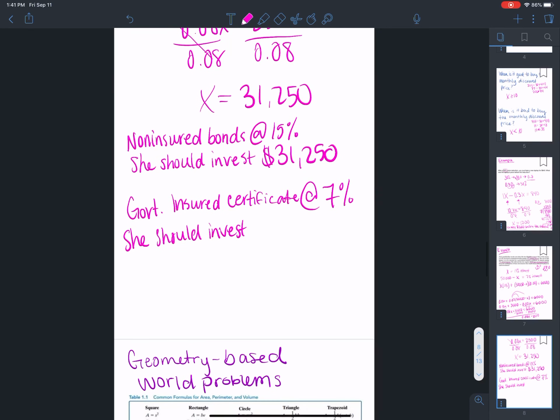Let's go over here on the side and do that real quick. 50,000 minus 31,250. 0 minus 0 is 0. I have to borrow. So 10 becomes a 9. This becomes a 10. This becomes a 9. This becomes a 10. Okay, 10 minus 5 is 5. 9 minus 2 is 7. 9 minus 1 is 8. 4 minus 3 is 1.